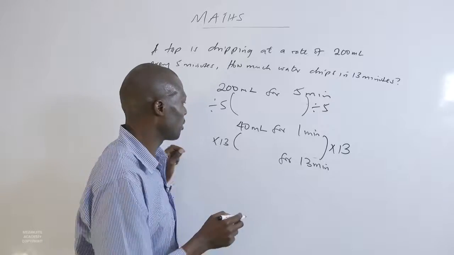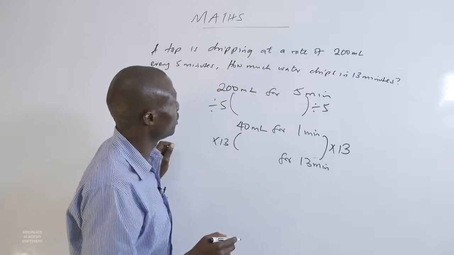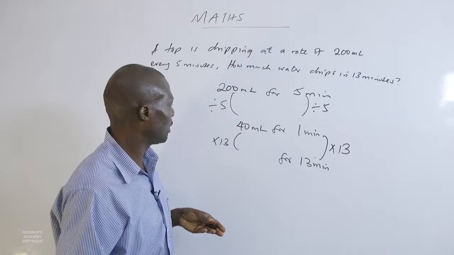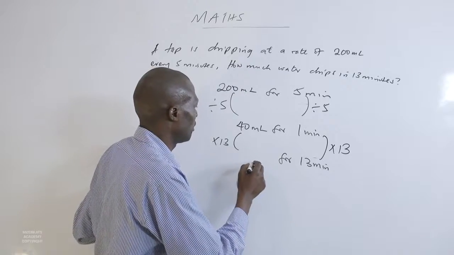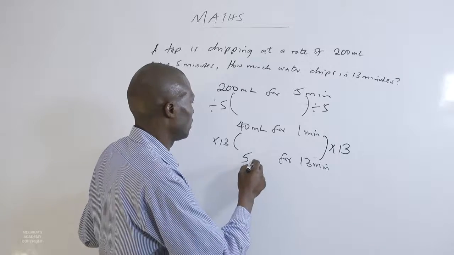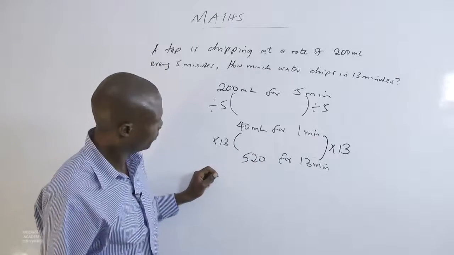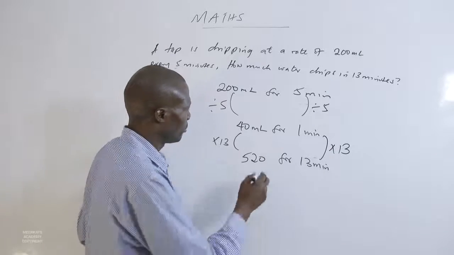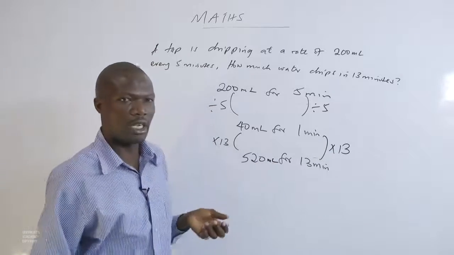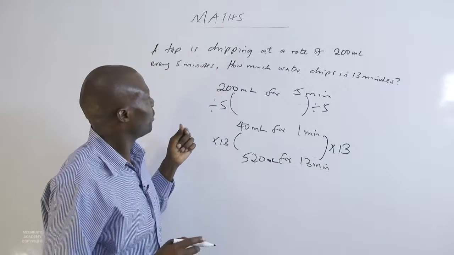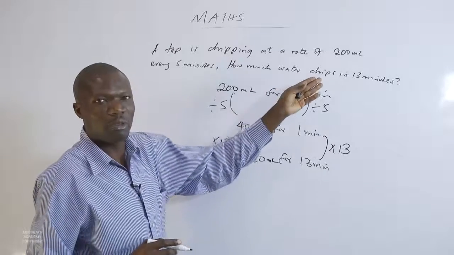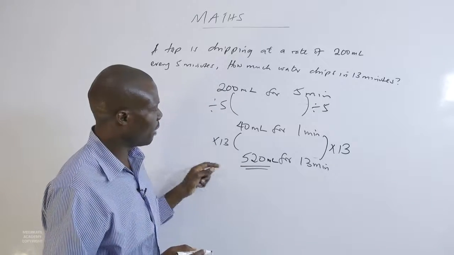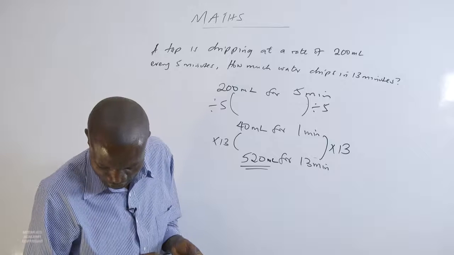When you work that out, this one will give us 520. So we can say that for this tap, if it drips for 13 minutes, then we shall be having a total of 520 milliliters.